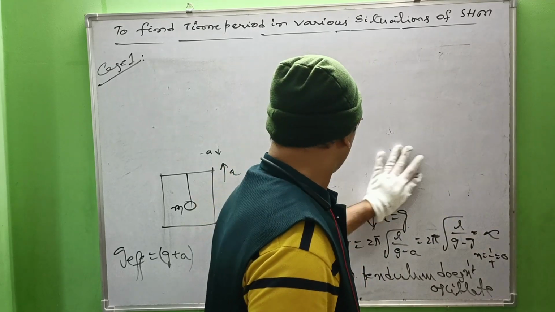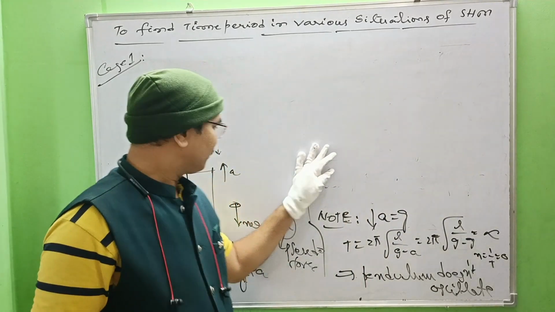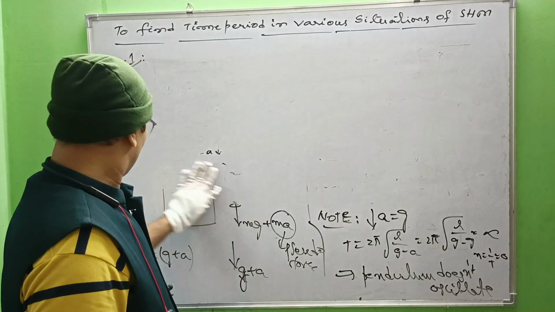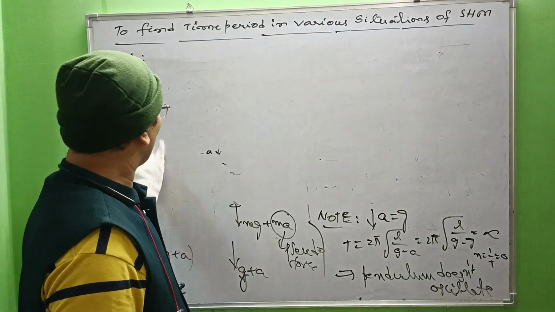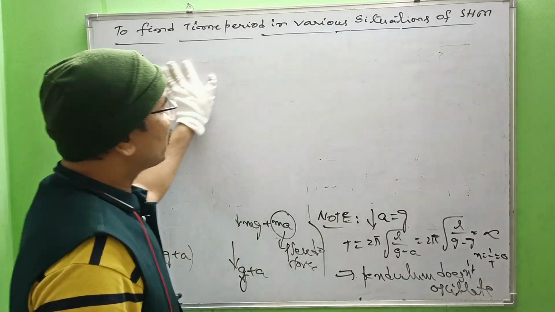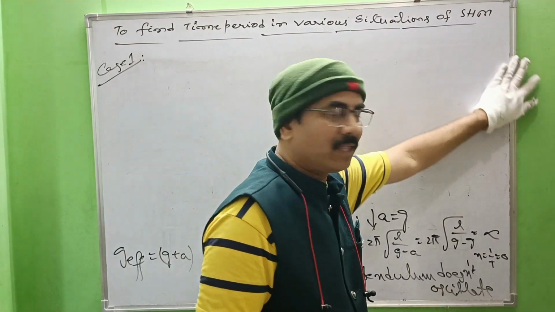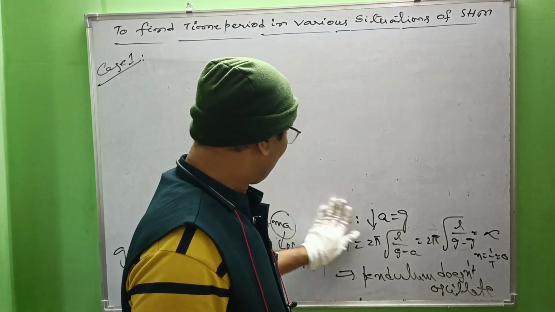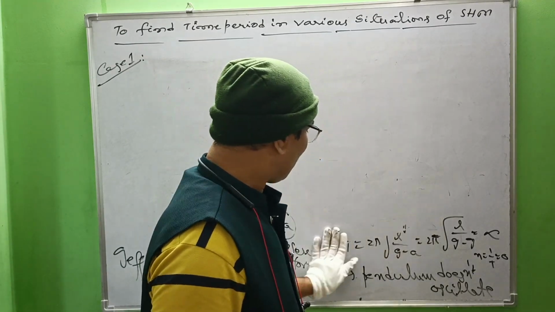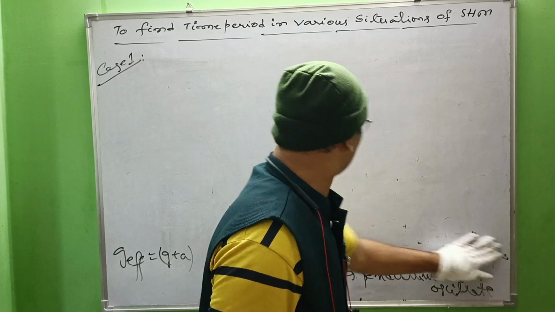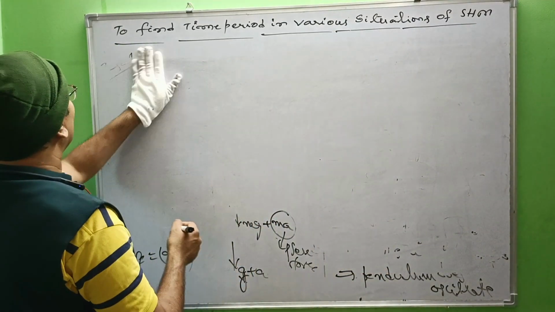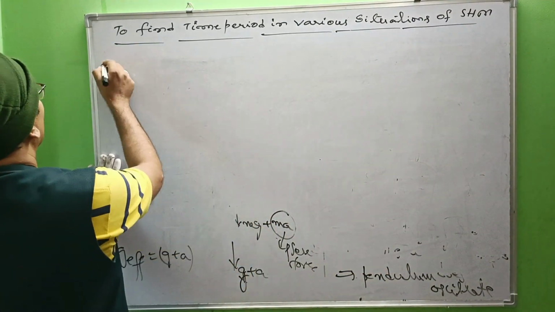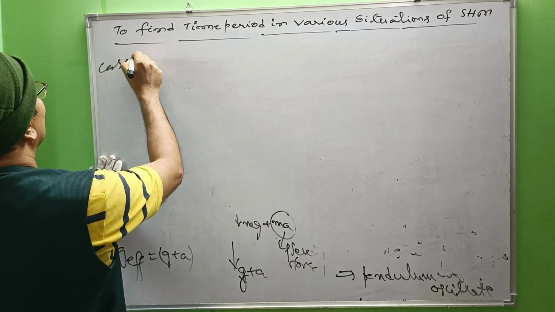Again, we have two sub cases. If the car is accelerating in a straight line on a horizontal road. One more case, if the car is taking a turn on a circular unbanked road, right? Next one, case 4.